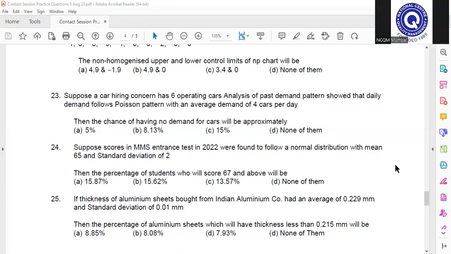Now, can some of you read the definition of repeatability? This is gauge R and R, repeatability and reproducibility.